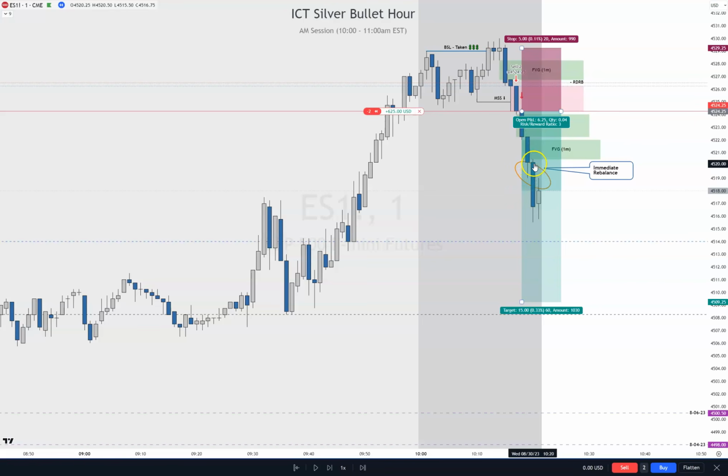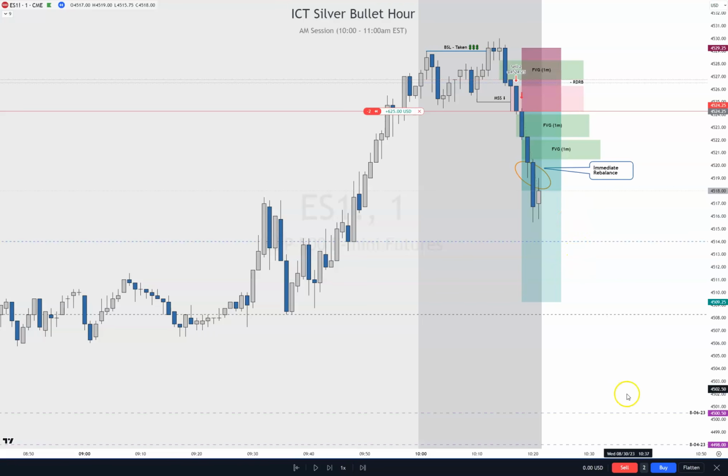You have a long wick, price trades through it, wick comes up, they're even right there. You immediately rebalance this. When price does that, that's a signature for price wants to move aggressively, so therefore we do not take partials. ICT has said in Twitter space, you do not take partials when you see an immediate rebalance. You do full pull.